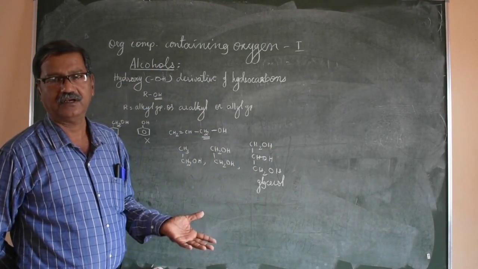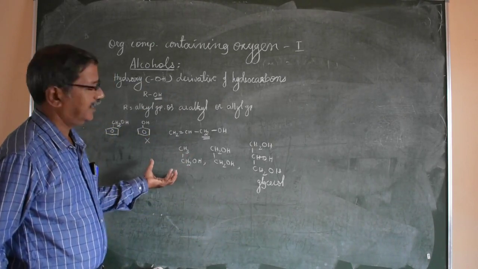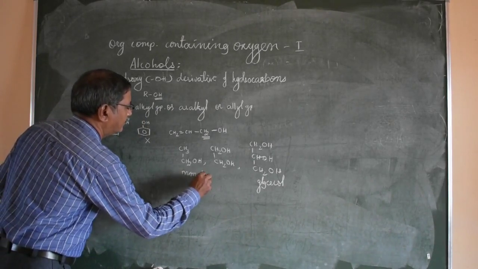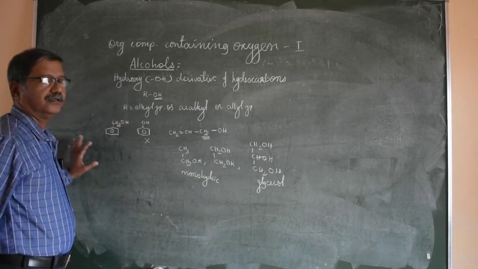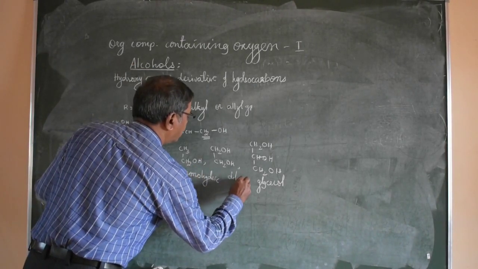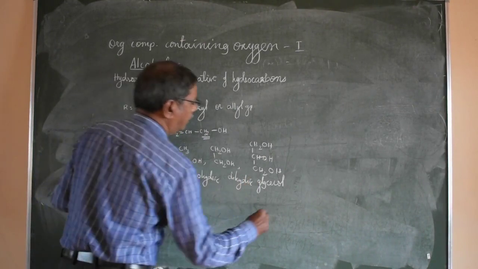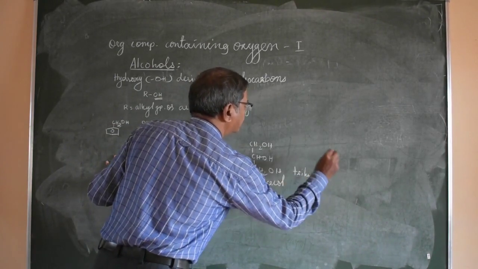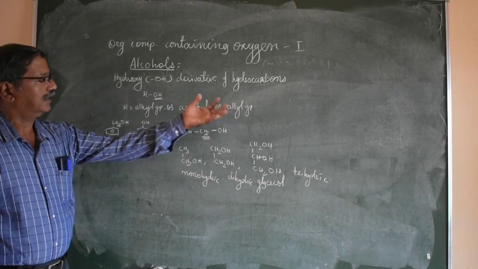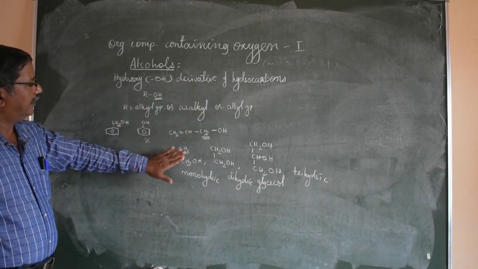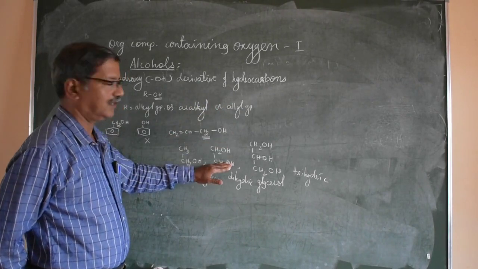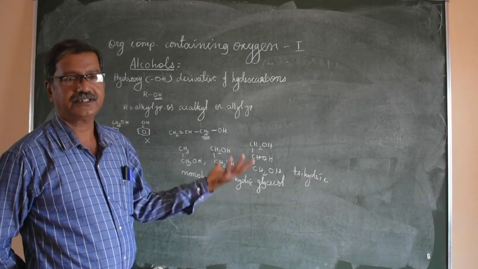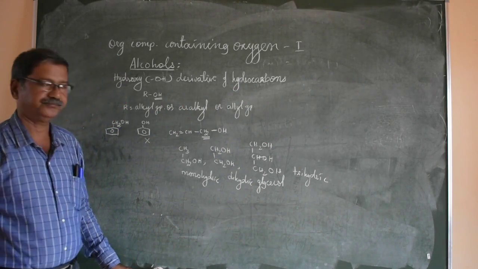So based on the number of OH groups present in a molecule, we classify as monohydric, dihydric, and trihydric alcohol, then polyhydric alcohol. Examples: ethyl alcohol, ethylene glycol, glycerol.